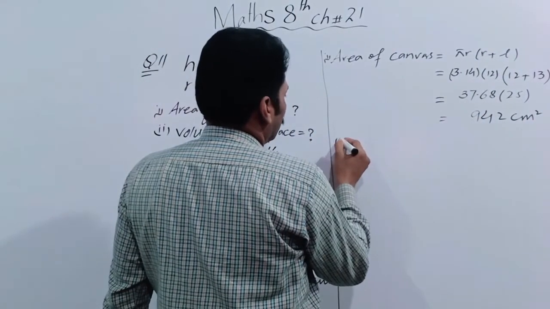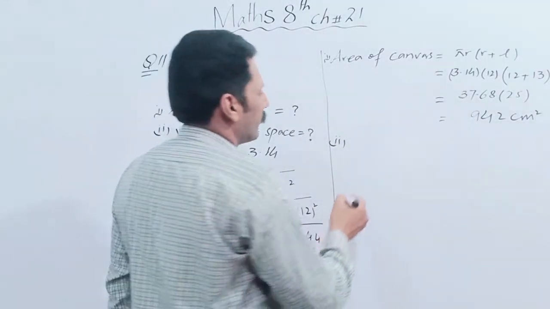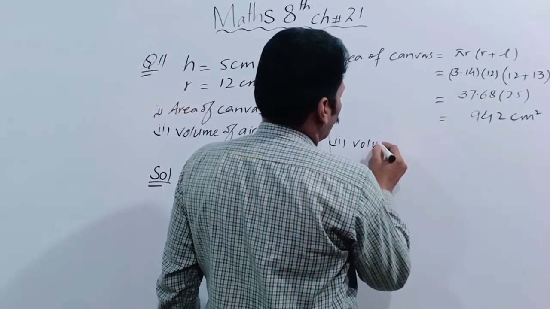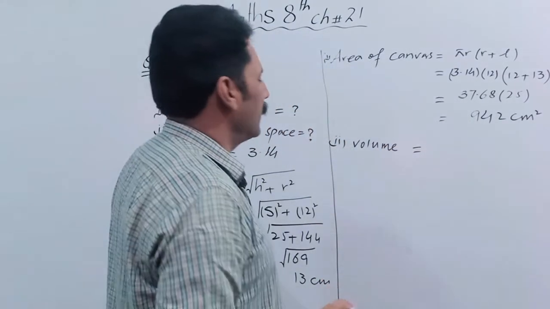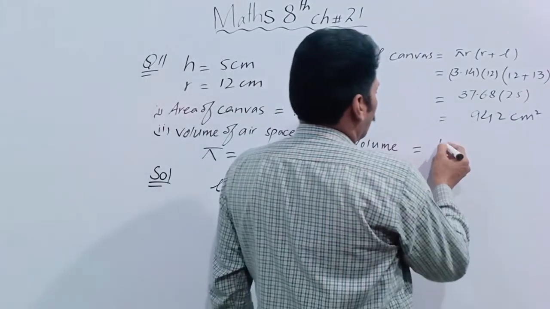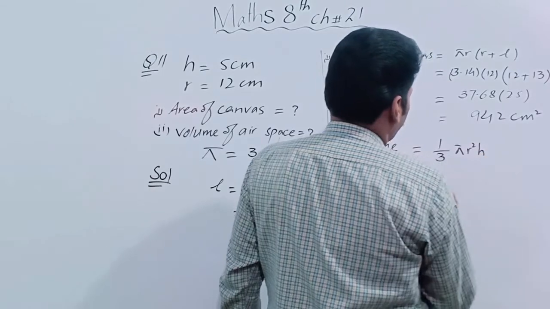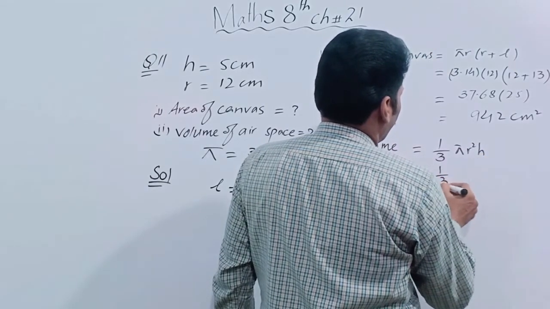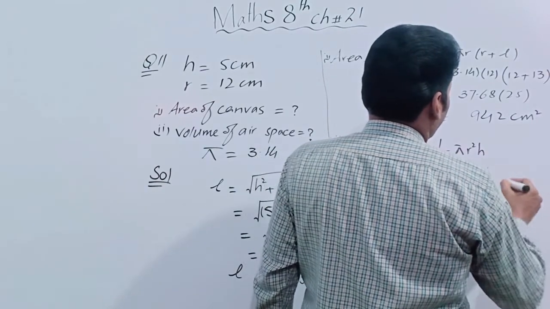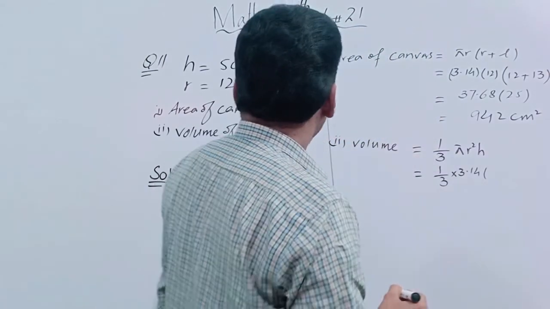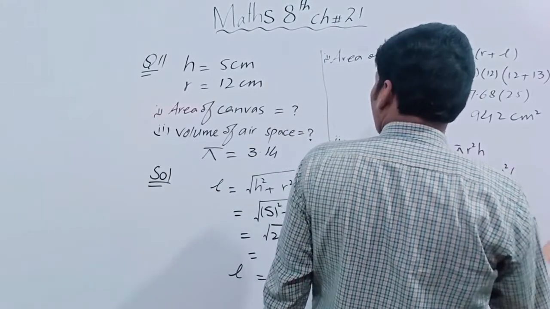Now second part, we have to find volume of air space. So volume of air space within the tent, the formula is 1 over 3 pi r square h. Now we will just put the values. 3.14, r square, that is 12 square, and h, 5.